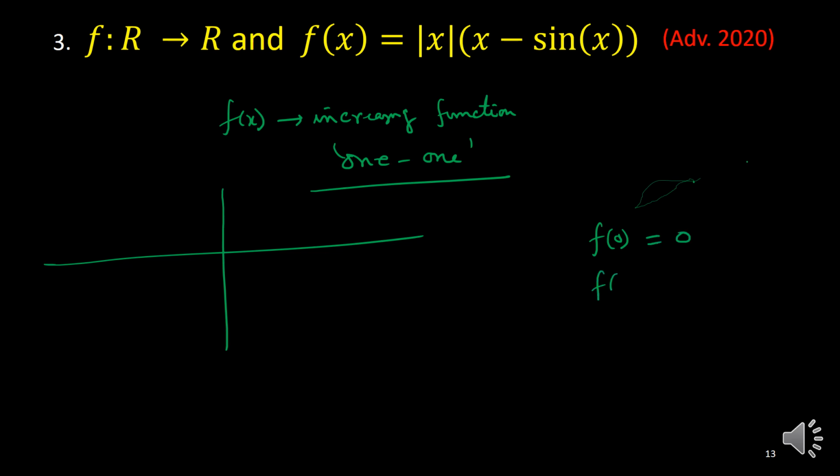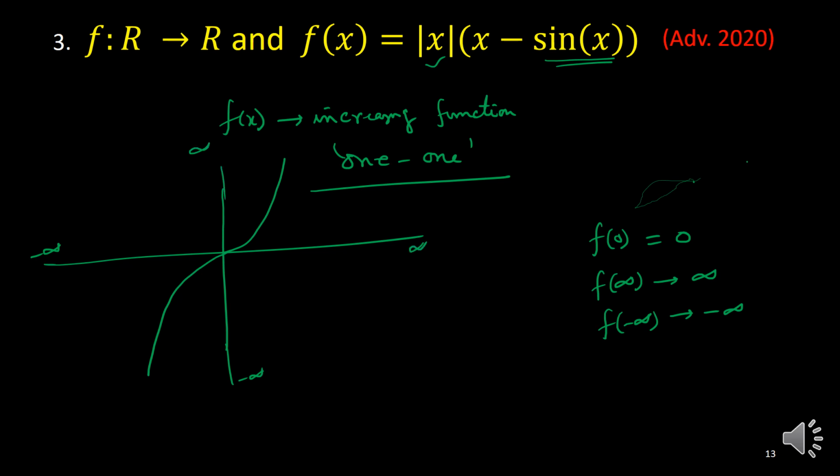And what is the value at f of infinity? You can notice that this part is infinity, this part is limited to plus 1 and minus 1 only, so it is going towards infinity. Similarly, f of minus infinity is also going towards minus infinity, because if the right side has this shape, the left side will have this shape. So this side is minus infinity, and this side it will go to plus infinity.